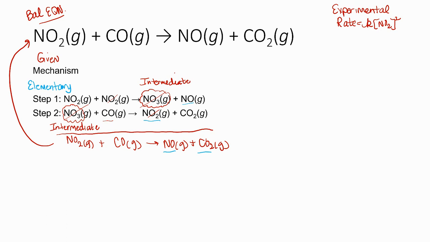Okay, so with this in mind, how does this explain and how will this align to our experimental rate law? Because that's what proves that this is true. So the experimental rate law has to match what's going on in this mechanism.